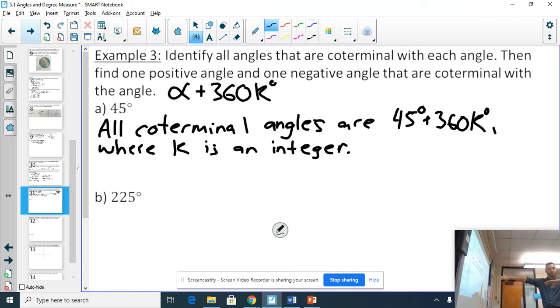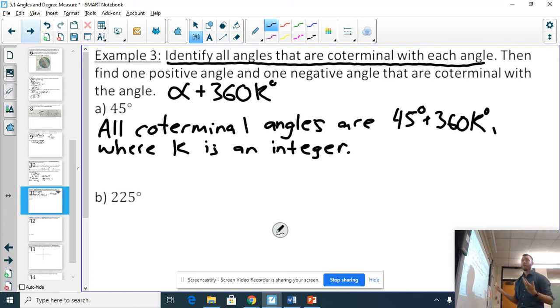So that's all the angles. That's all the coterminal angles possible right there. 45 degrees plus 360 times k degrees, where k is an integer. That answers the first part of the question. Now find one positive angle and one negative angle. You can just put anything in for k that will end up with a positive angle and anything with a negative one.